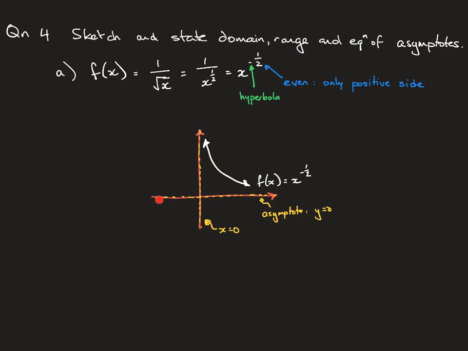There are asymptotes on the x-axis, so y is equal to 0, and the y-axis, so x is equal to 0. Our domain is positive real numbers that you can write as from 0 to infinity, not including 0 or that. Don't write both of them in the exam, just write either that or that, and the range is the same.